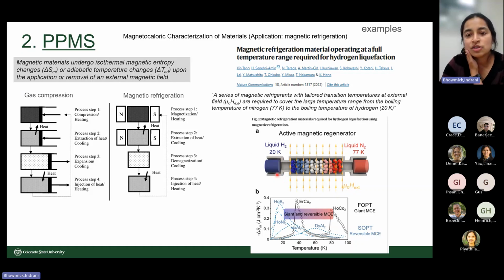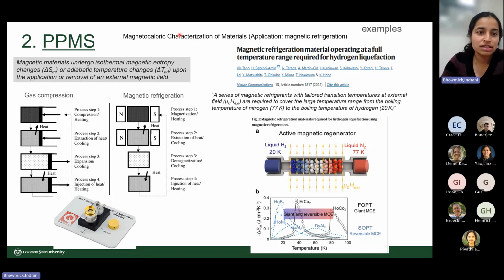Their design is to liquefy hydrogen by using liquid nitrogen and a series of compounds which undergo isothermal magnetic entropy changes. What they used is actually the PPMS heat capacity measurement, the little puck I showed, that's what they use here.